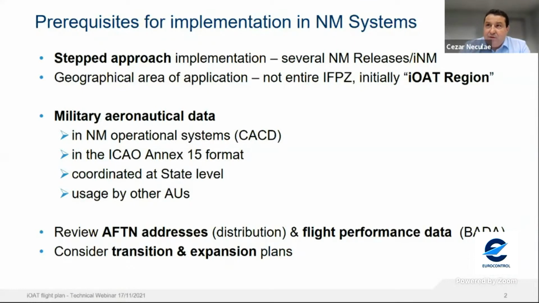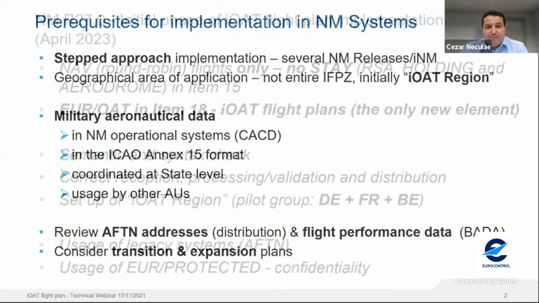We also need, together with the military community, to address the AFTN addresses, the distribution part, and also to have a look at the flight performance data we have in our systems. We also need very carefully, and this is a mandate we received from the Network Directors of Operations, NDOP group, to look at the transition and expansion plans for this OAT flight plan.